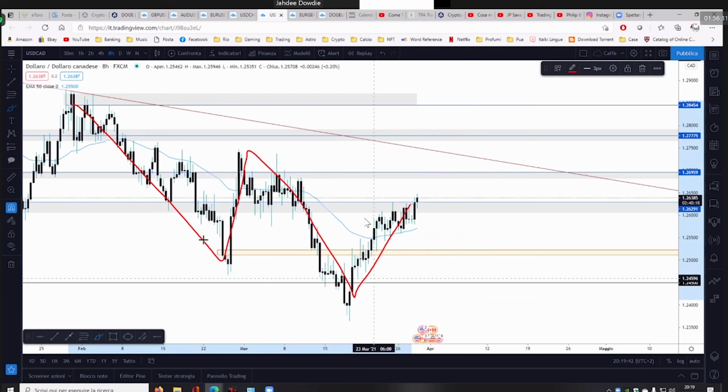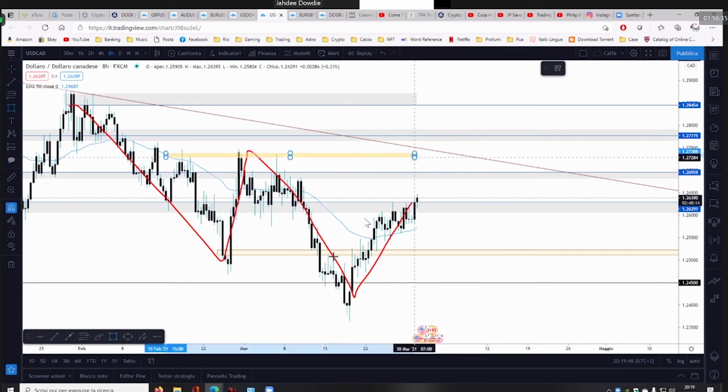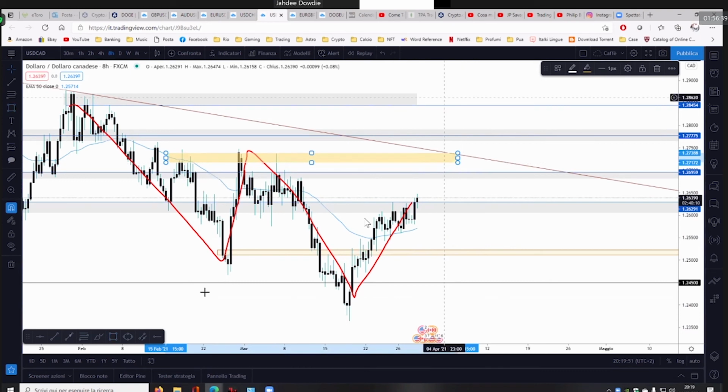If this zone is getting broken, maybe we might start to watch for a buy, and then you probably have a retest.